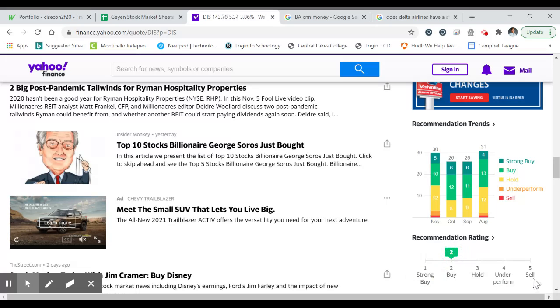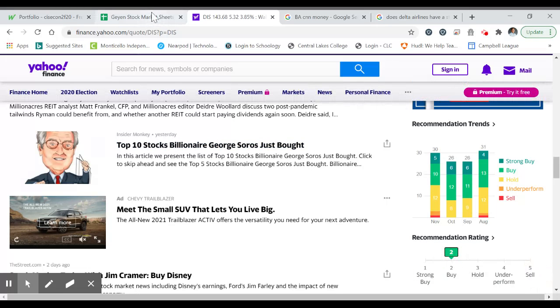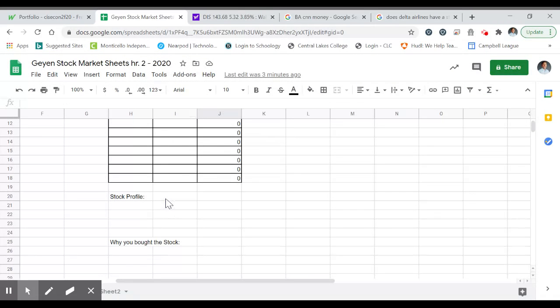So a couple things I'm going to write down is that Yahoo analysts, 15 out of 30 have Disney as a buy. I'm also going to say Yahoo mean recommendation is 2, so that's pretty good.